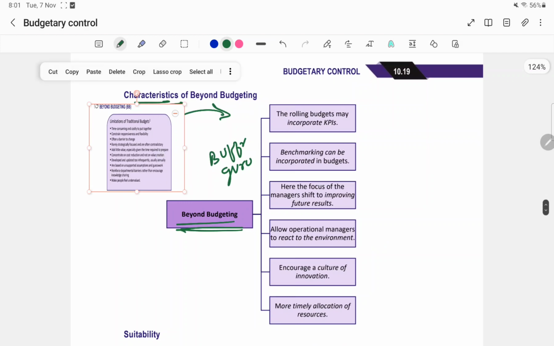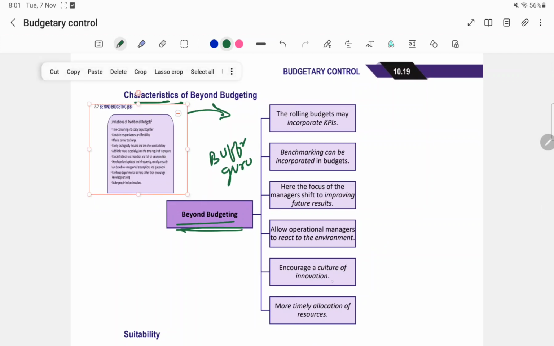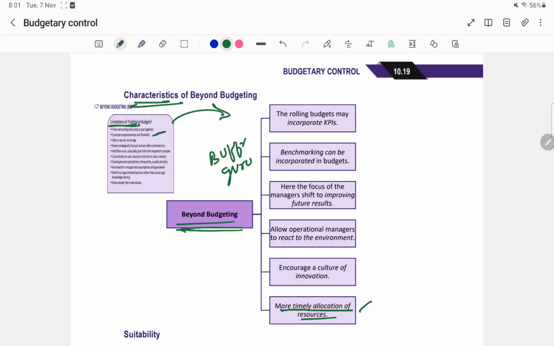There it was time consuming, but here it will be more timely allocation of resources. That is what the limitation was, there comes the benefit here. There it was time taking, but here timely allocation is done, that is, time is managed very well.